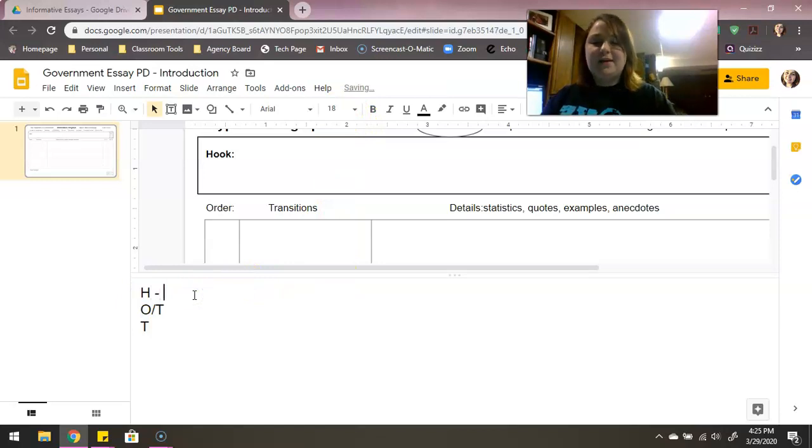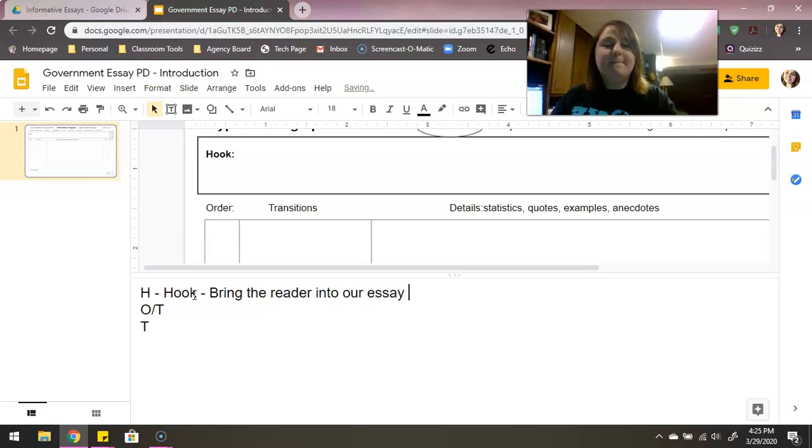And we said that the H stood for the hook, right? It's how we bring the reader into our essay. We talked about how this can be a question, it can be an interesting fact, or it can be a short story.